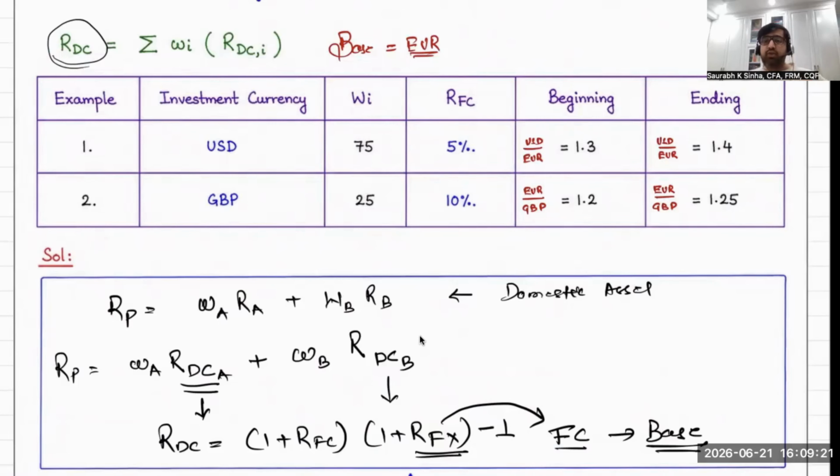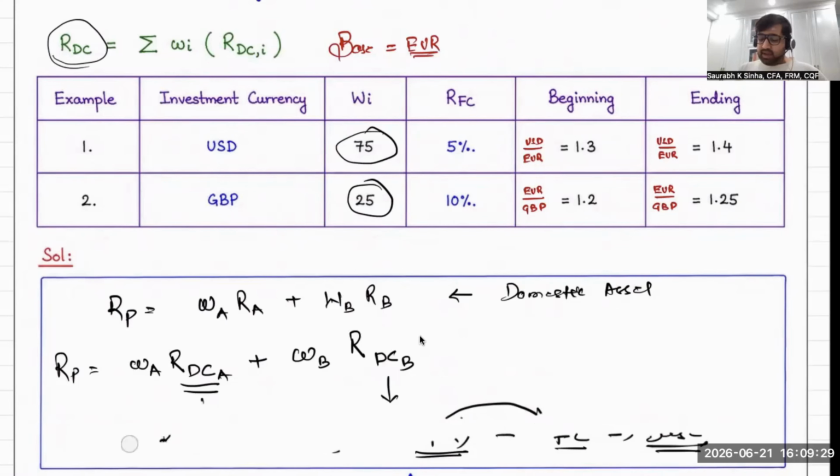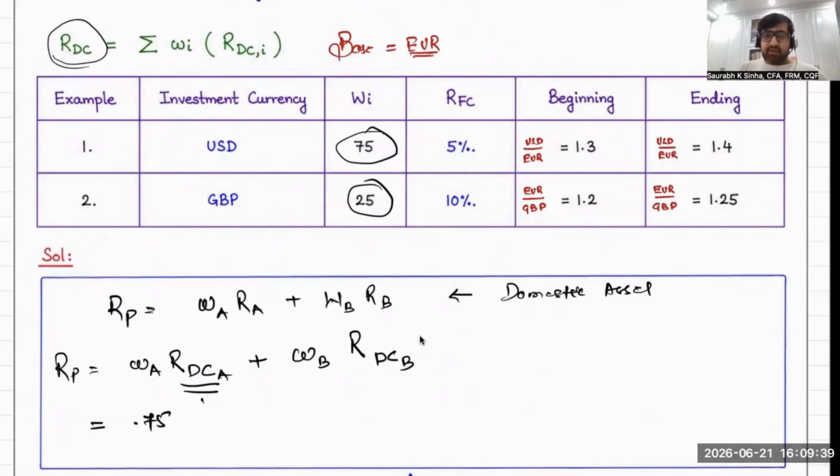Okay. So do we have weights given? Yes, I have the weights, that is 75% and 25%. Perfect. So let's use the weights. If I invest in USD, the weight is 75% of the portfolio, plus the weight in GBP is 0.25. But I don't have RDC, I have RFC.